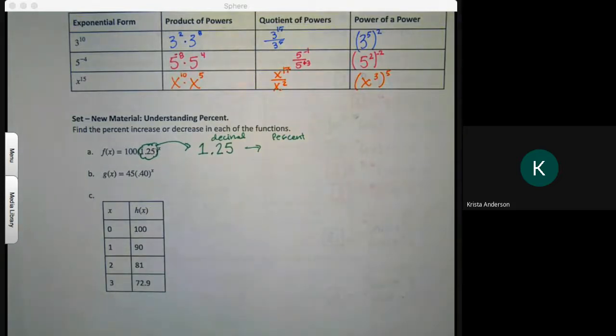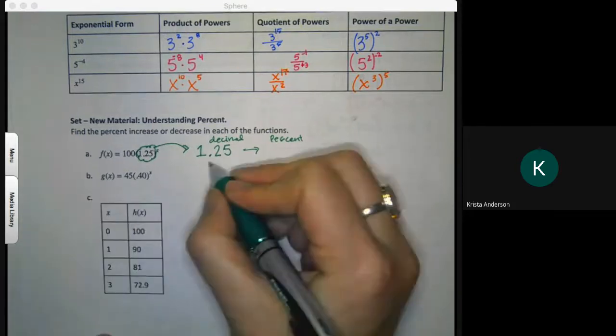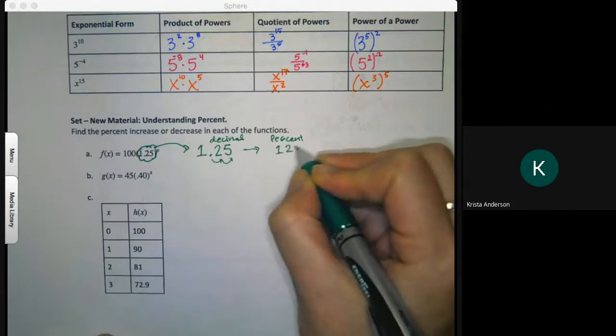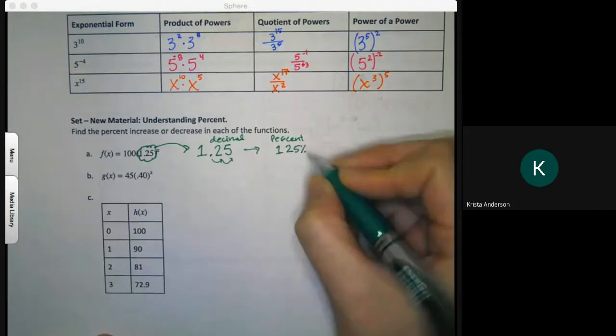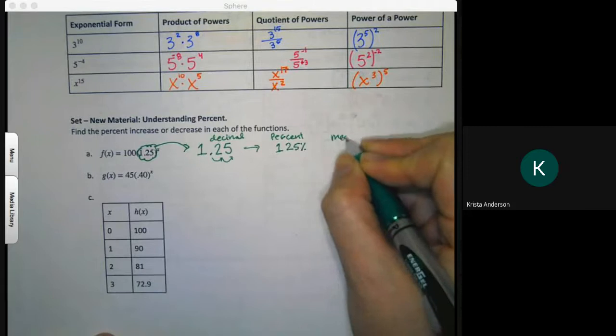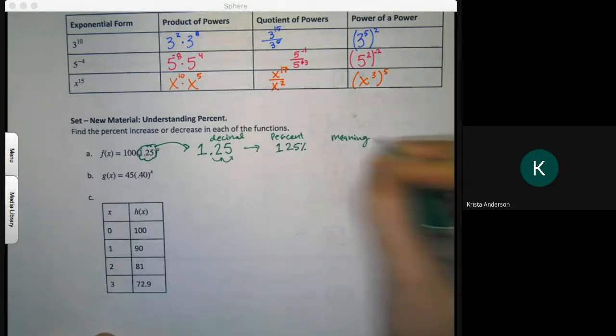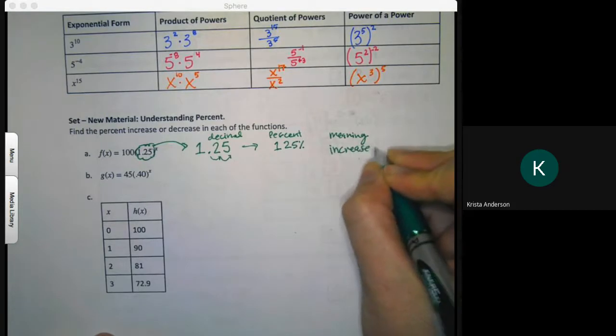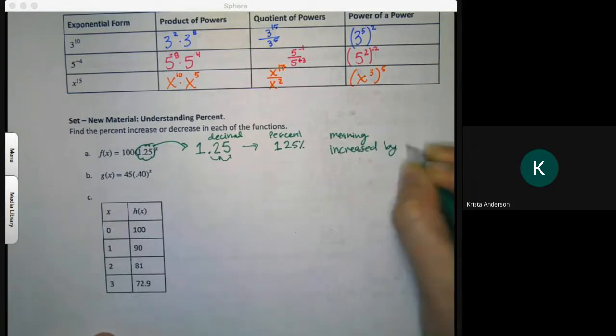Twice. So it would be 125%. That means it increased by 25%.